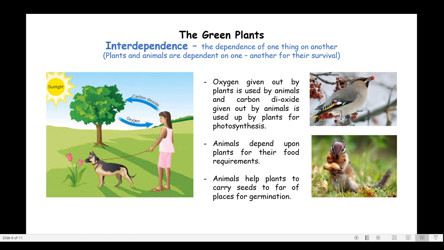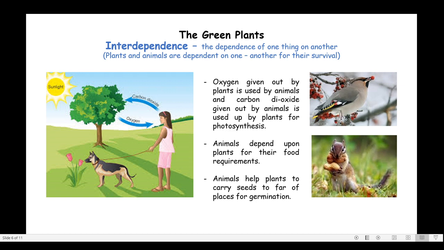Yes, definitely it is a help to a plant, because if all the seeds of a plant happen to fall on the same place, all the plants will grow in that particular area, and they do not grow to their full size because of lack of space and lack of food.